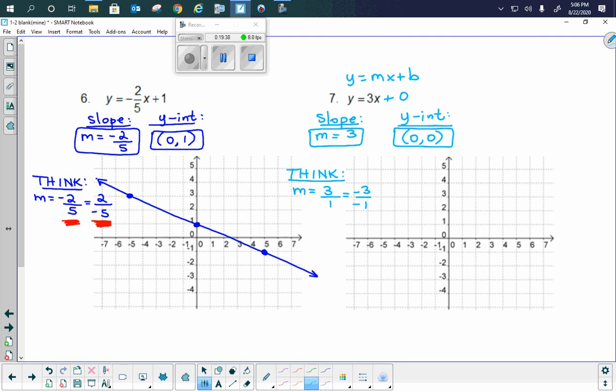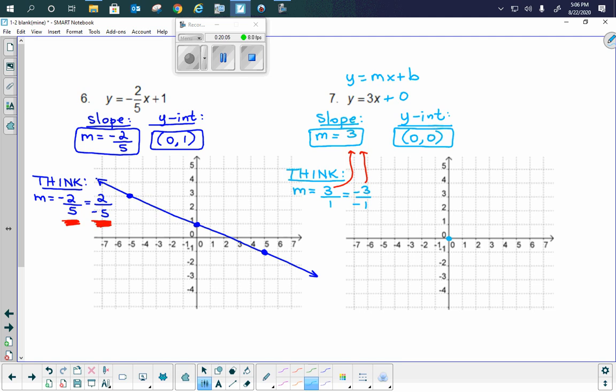Because positive over positive is positive, and negative divided by negative is also positive. So once again, both of these equal, if you simplify them, 3. Again, you're just using those for thinking about how to draw the graph.